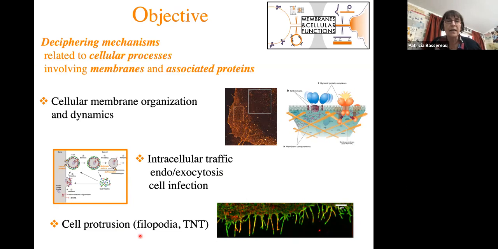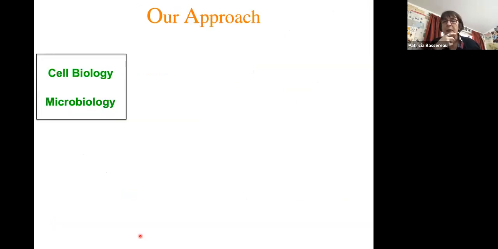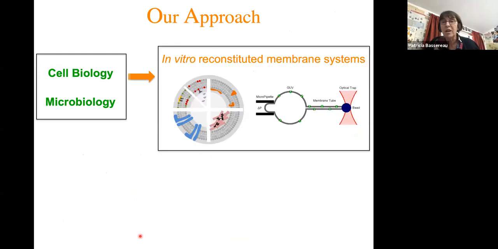The approach we have is that we collaborate with many cell biologists and microbiologists, in Paris most of the time, but not only. From them we get some questions, and we try to come up with a hypothesis. What we do, and you will see that today, is reconstitute some of the questions that we want to address using in vitro systems. You will see these liposomes, or these membrane nanotubes that we pull from liposomes.